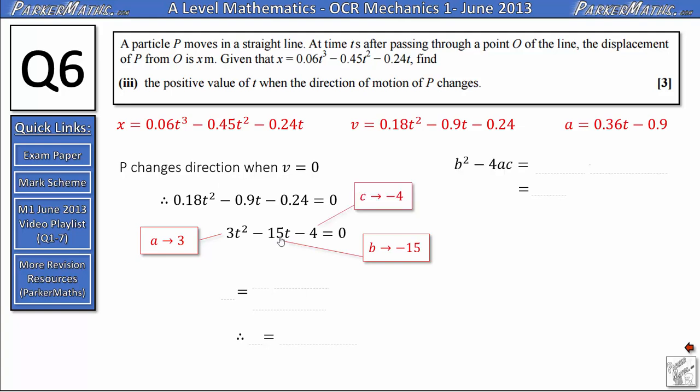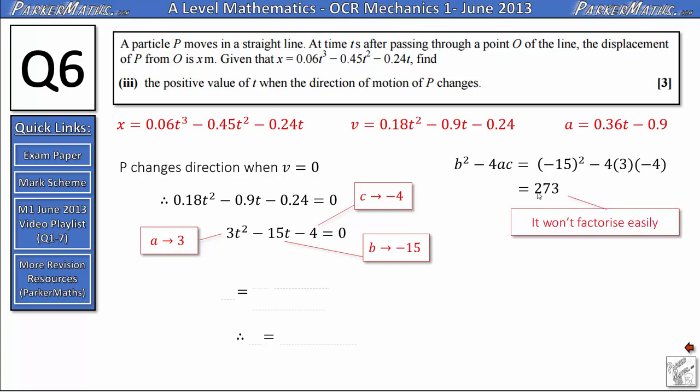If we calculate the discriminant of the quadratic, we get negative 15 squared minus 4 times 3 times negative 4, and that gives us 273. And 273 is a surd, so it makes sense to use the formula rather than trying to factorise. So we get t equals minus b, that becomes positive 15, plus or minus root 273, all divided by 6.